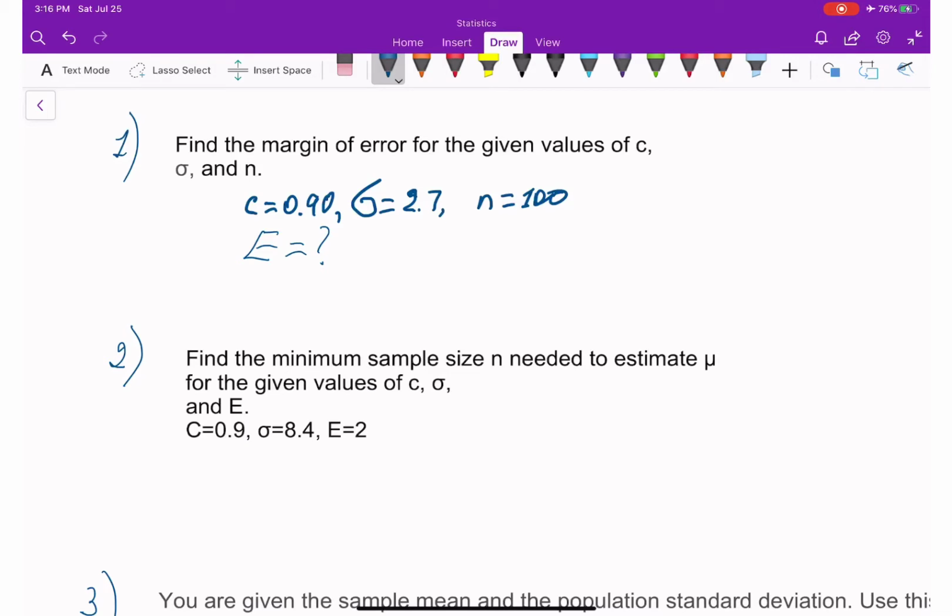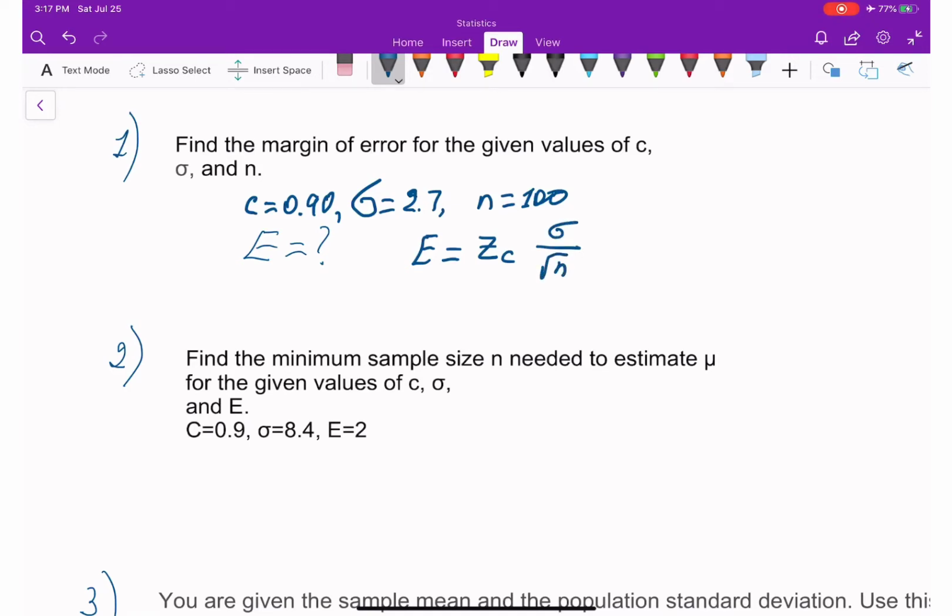Okay, so margin of error is equal. We always start backwards, so it's asking for margin of error. We are going to write down the formula for margin of error. Margin of error is equal Z critical times sigma over square root of n.